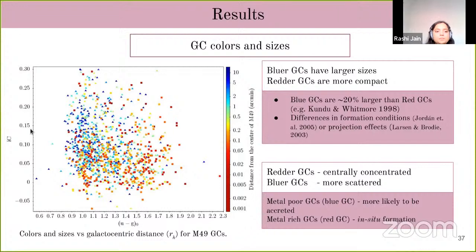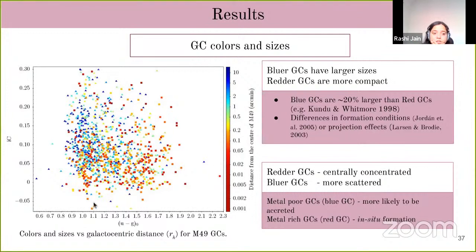So in this diagram, we have displayed the colors on the x-axis of the clusters around M49 and their size on the y-axis, and they're colored by their distance from the central galaxy.